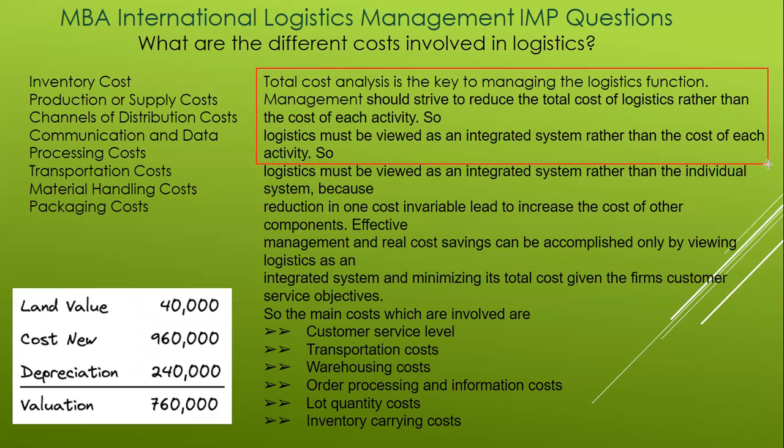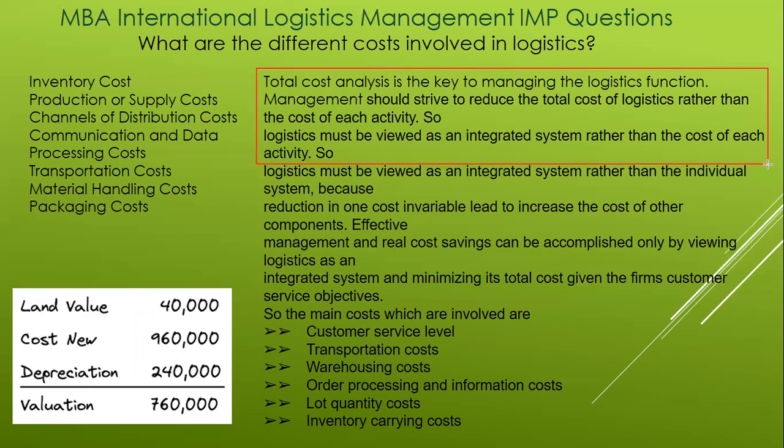These are the key factors which impact the costing of international logistics. So what are the elements which influence the cost of international logistics? In total cost there are some variables, elements or components involved, and these are the main components on which the cost of international logistics depends.